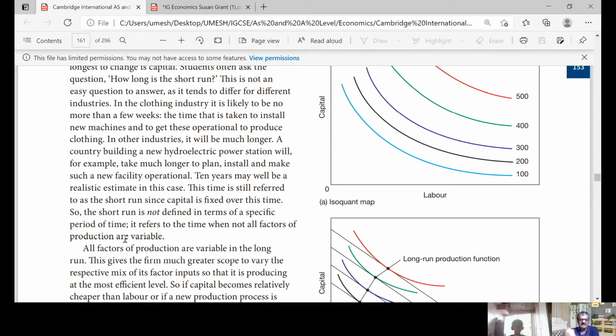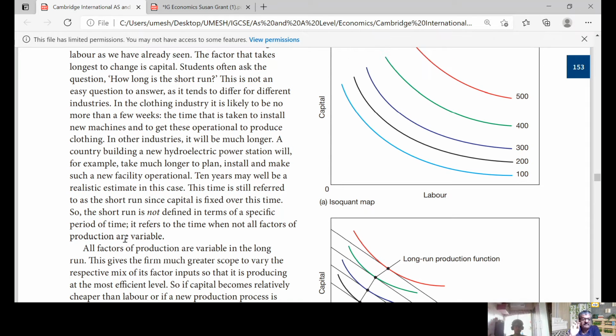So the short run is not defined in terms of a specific period of time. It refers to the time when not all factors of production are variable. Underline this line. The short run is not defined in terms of a specific time period, but it refers to the time when not all factors of production are variable and at least one factor of production is fixed. Clear? Okay.